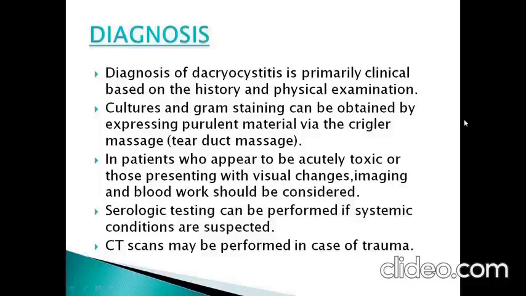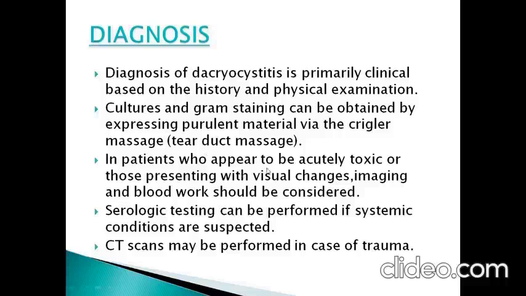The next part we will be discussing is diagnosis. How do we diagnose this condition? The diagnosis of dacryocystitis is primarily clinical, based upon the history and the physical examination of the patient. In certain cases, cultures and gram staining can also be obtained by expressing the purulent material via the Crigler massage, which is also called the tear duct massage, from where a sample of tear is taken from the patient, and then the culture study is done over that.